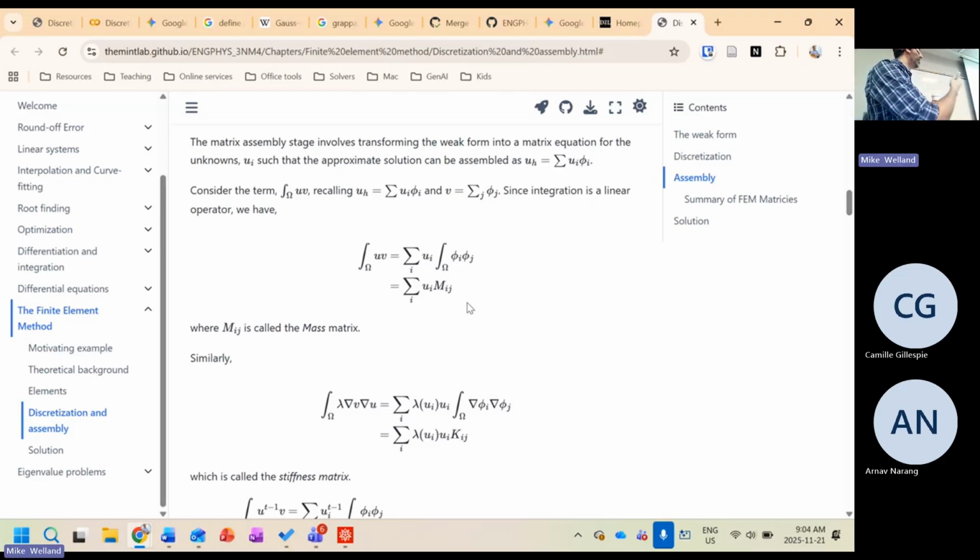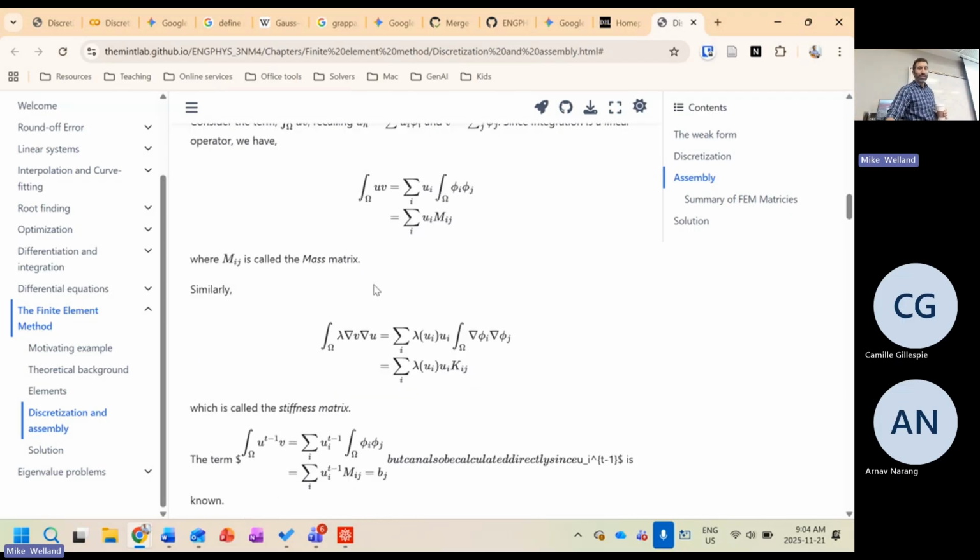M_ij is a matrix, U_i is a vector. When you're summing over one side, what you're doing is a matrix product. It tends to jump around a lot between the index notation and the vector notation, because vector notation is very clean, but index notation is a bit more general. You can do a bit more with it.